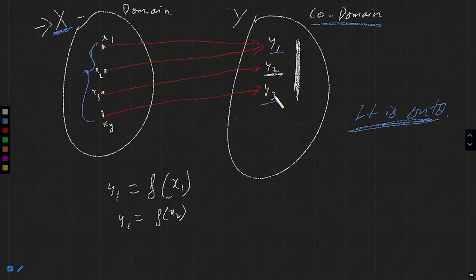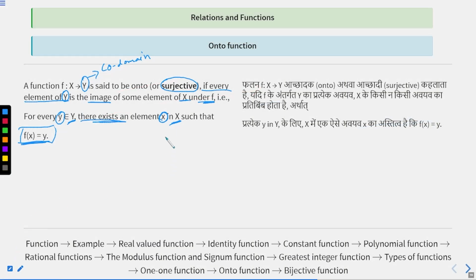There exists x for y2 such that f of x3 is equal to y2, and there exists x in the domain set such that y3 is equal to f of x4. As you can see, f of x4. I hope it is now very clear to you what happens in an onto function.